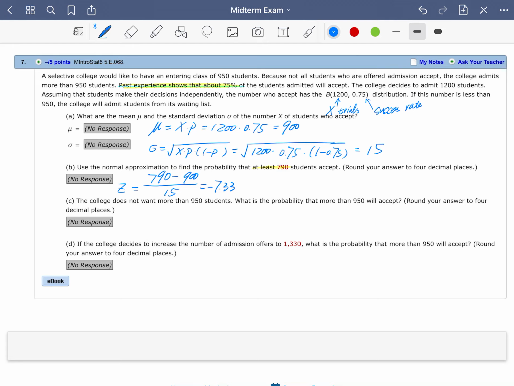And if you actually look at the z-table, the lowest number you can get is negative 3.4. So what does that mean?